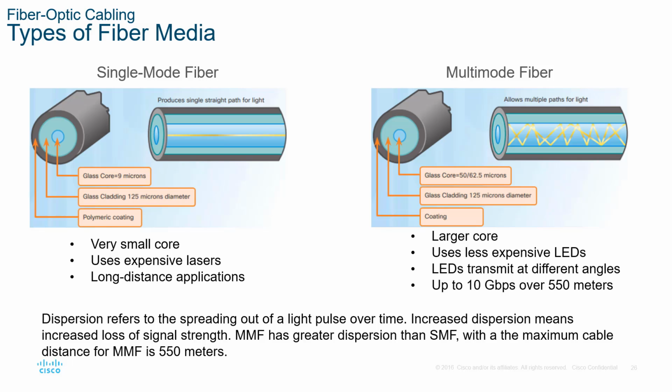It will use a much larger core, and it will use an LED instead of the laser. The LED allows for the transmission of light at different angles. And typically multi-mode does still go a long distance, but it doesn't go as long as single mode. Again, light over X amount of length will eventually degrade, but we're talking thousands of meters as opposed to feet.